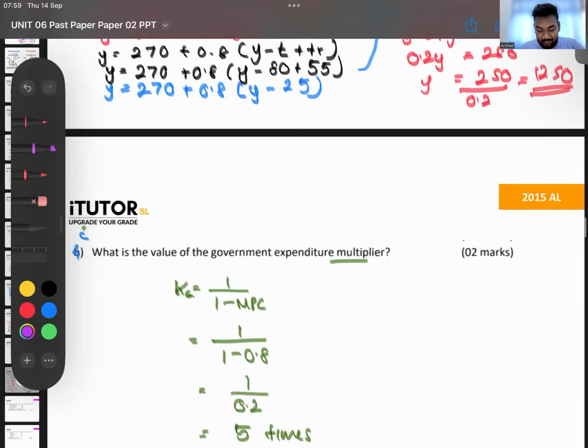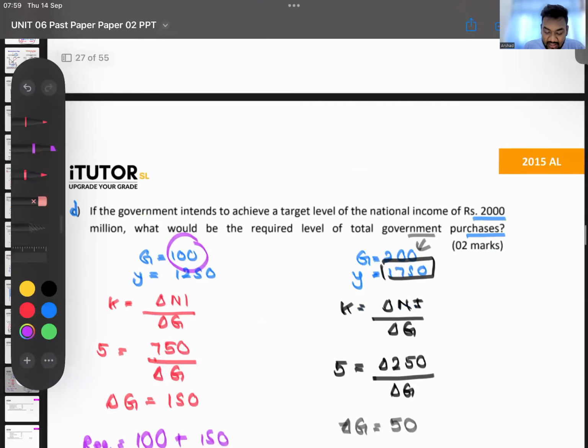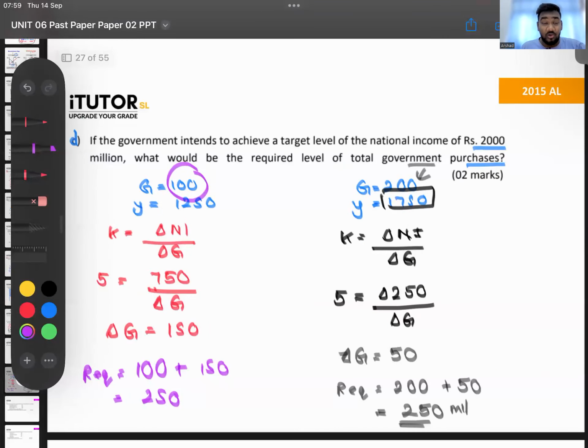See, in part A, they say find the equilibrium. Then in part B, they say government expenditure rises to 200. So when it rises to 200, you know our equilibrium national income is 1750. So you're going with that same story. And now equilibrium is 1750. And then they are saying, okay, if the government wants to go to 2000, now what should happen?